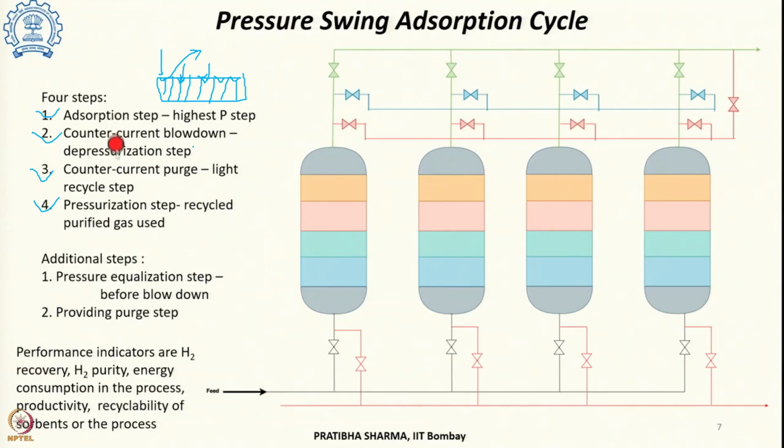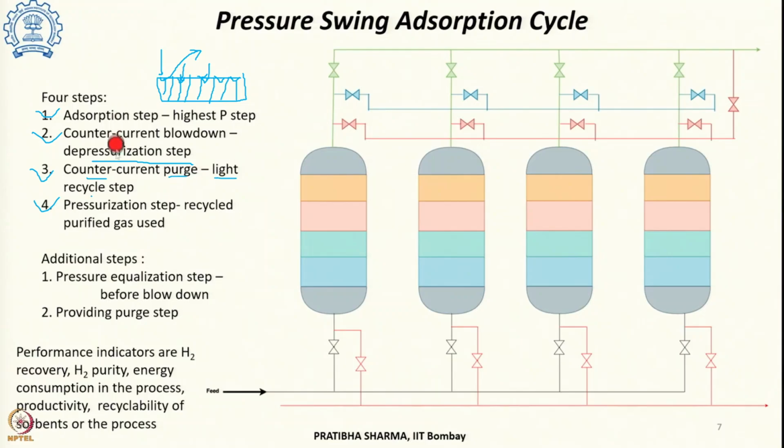For industrial applications, the next step is the counter current blowdown depressurization step. Depressurization means just lowering or reducing the pressure. The third one is the counter current purge.